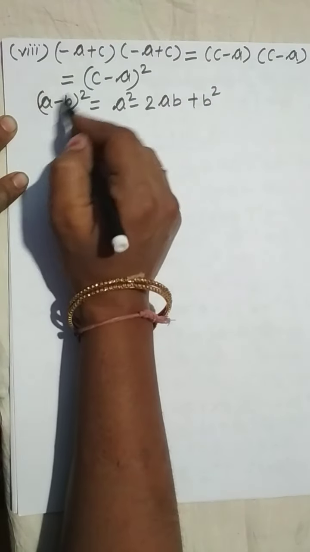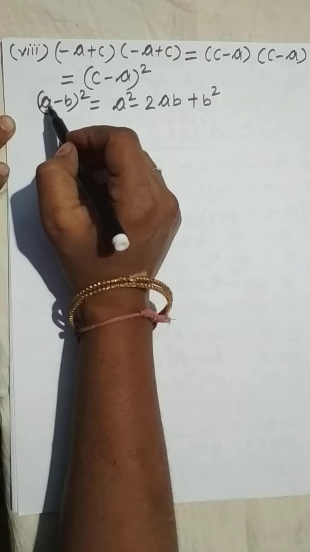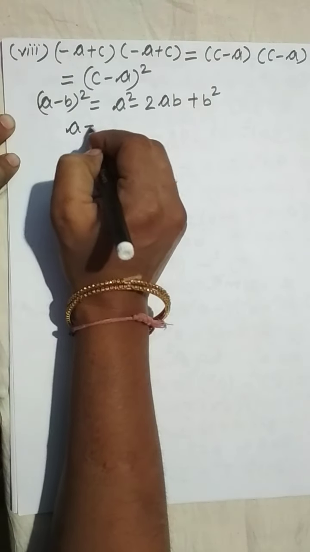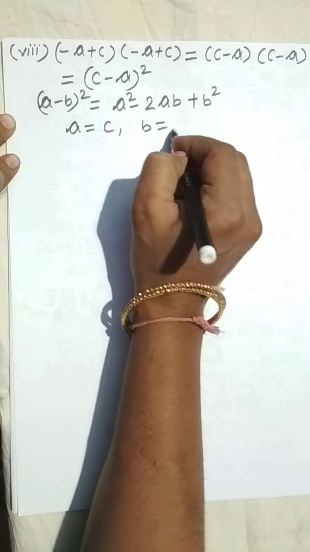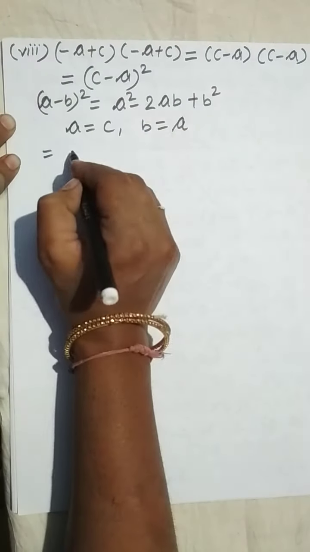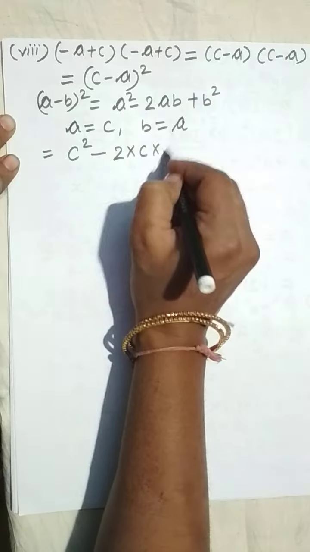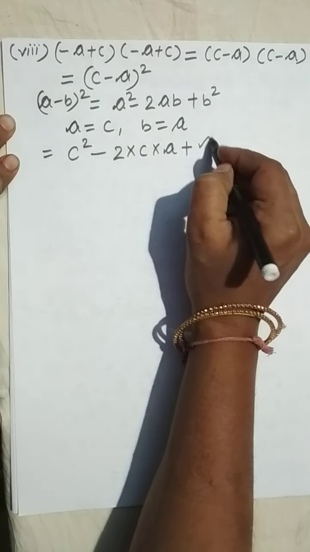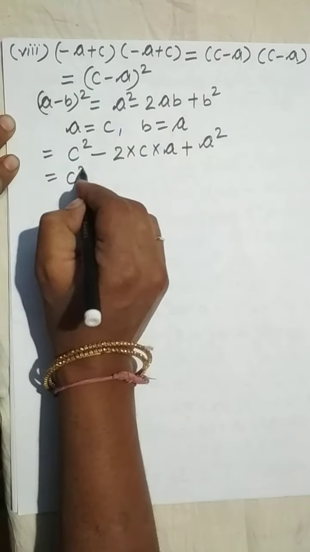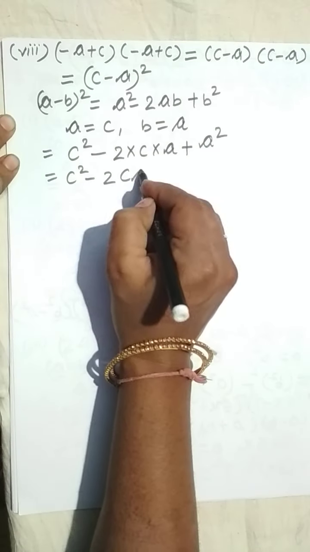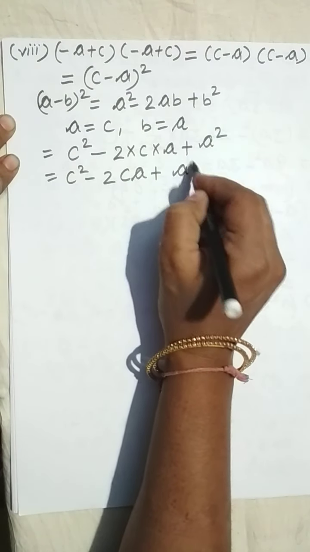After comparing the values, here a is equal to c and b is equal to a. Now put the values. It can be written as c square minus 2 multiplied by c multiplied by a plus a square, which is equal to c square minus 2ca plus a square, the required answer.